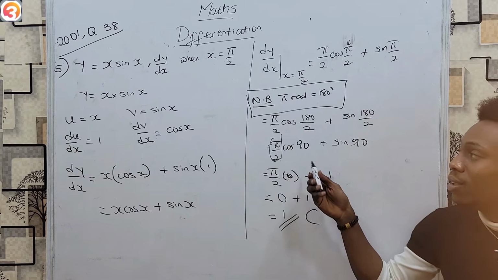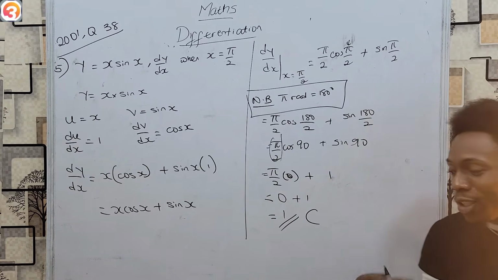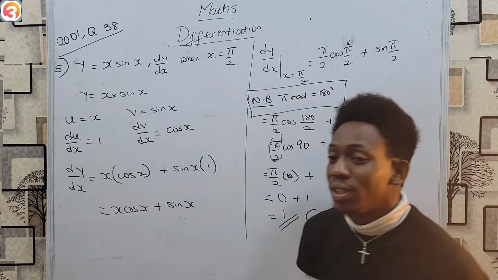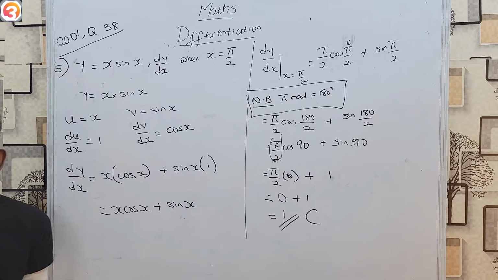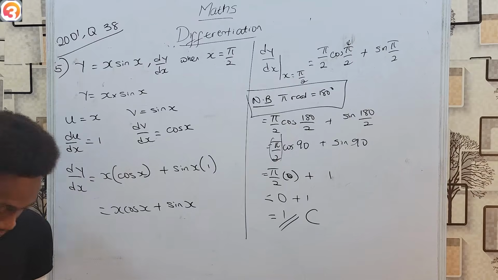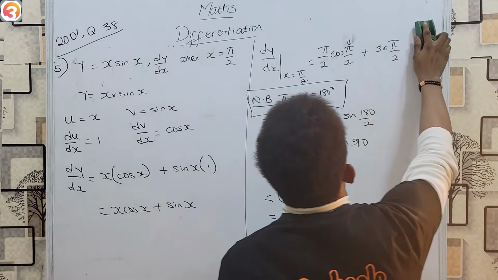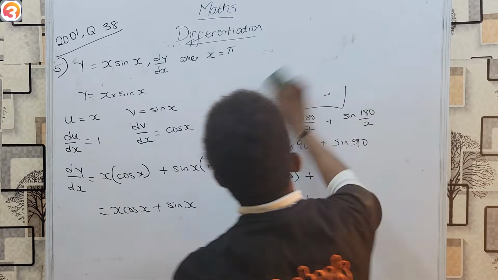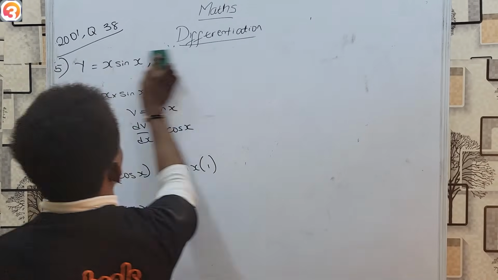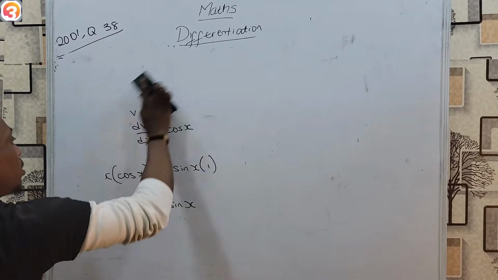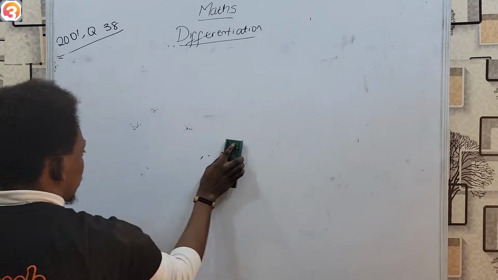But within, when it's working as an angle, sine, cos, or tan, then it represents 180 degrees. I hope this is noted. This was both an example of product rule and also of finding definite derivatives.